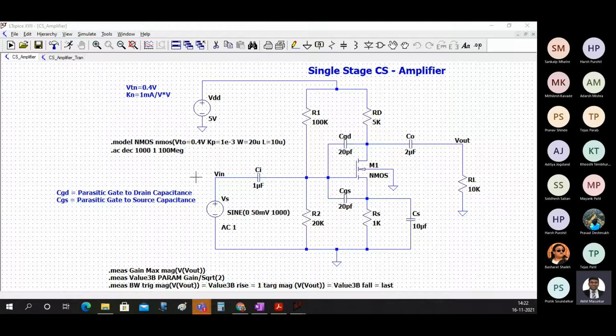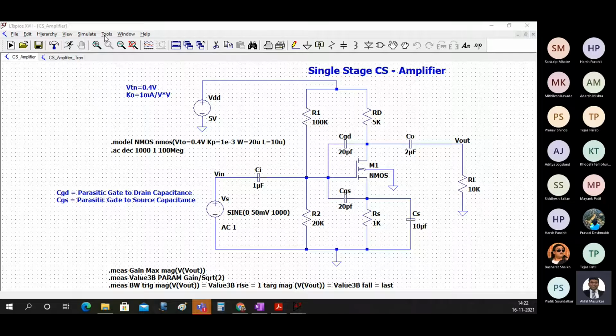So go for a dot AC analysis. Instead of testing the circuit at so many different frequencies, you can write a command and say apply frequency inputs from this range to this range and show me the gain.